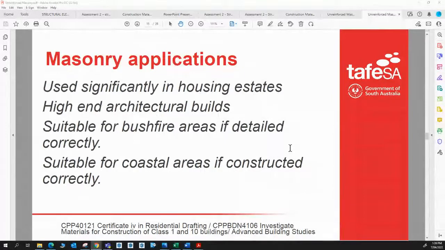Now there are plastic brick ties on the market. Look, I don't have any experience with these plastic brick ties failing myself, but a word of warning is that pretty much any of your plastic products do have a finite life.